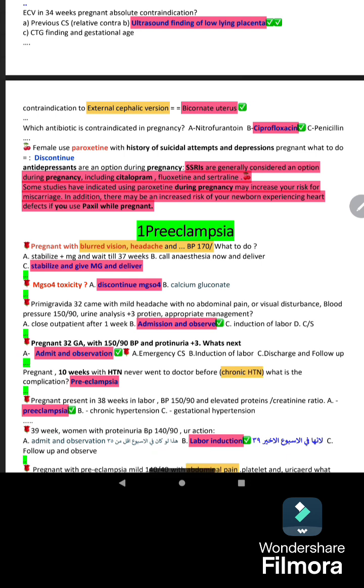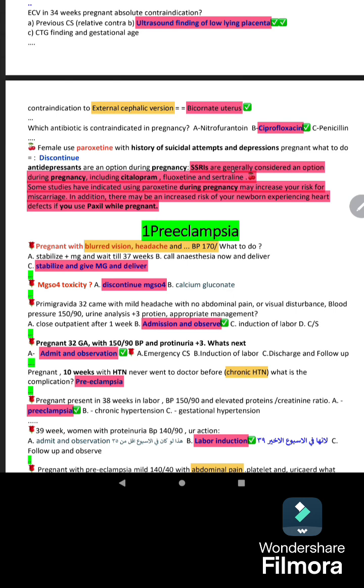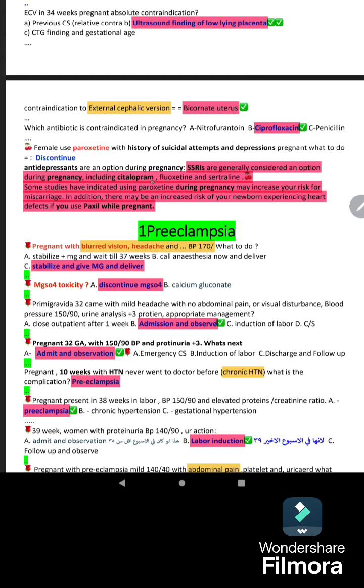What we prefer in pregnancy is SSRIs, which are citalopram, fluoxetine, and sertraline, the drugs of choice in pregnancy for someone pregnant with depression or suicidal attempt. So citalopram, fluoxetine, and sertraline is what you should think about. So that is about it.